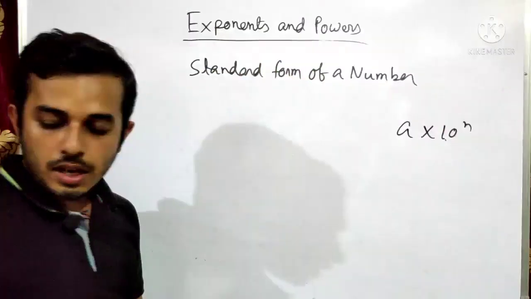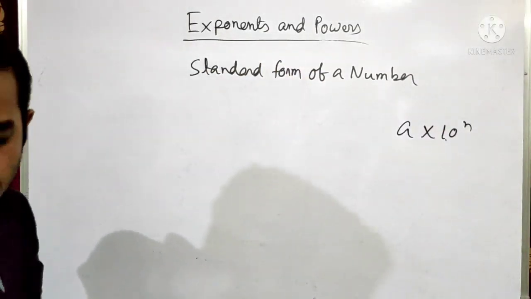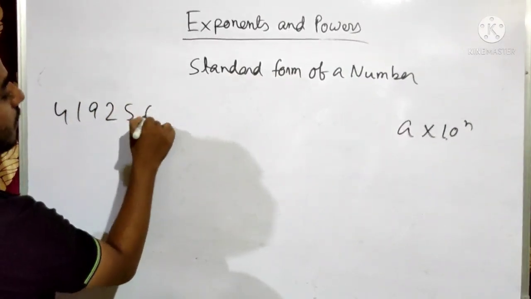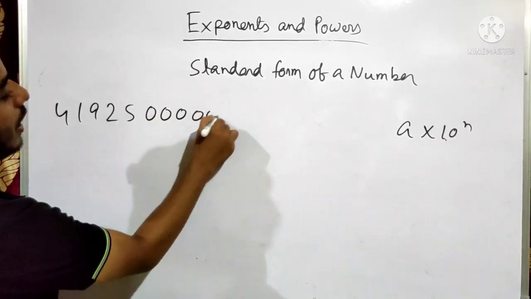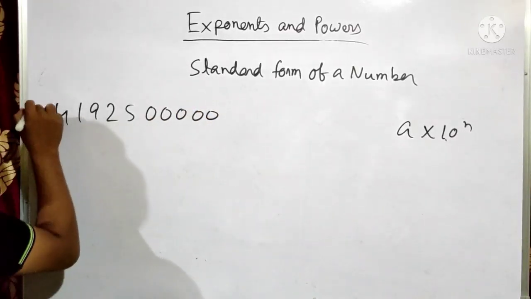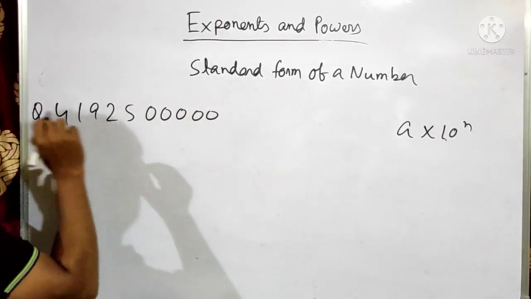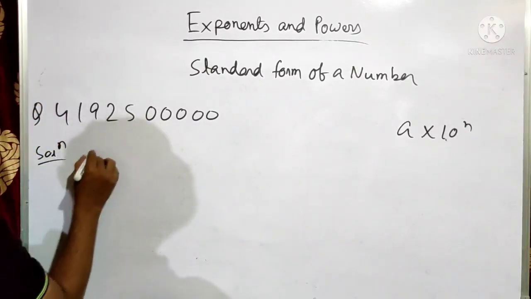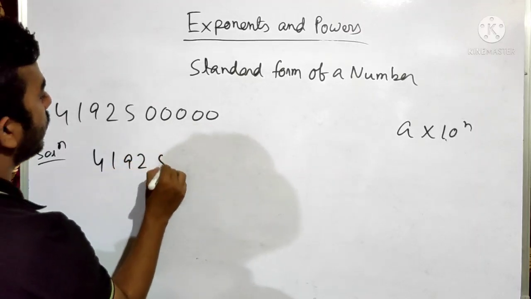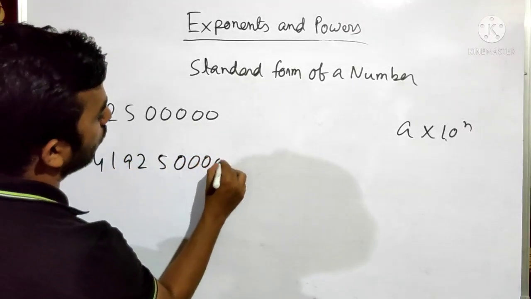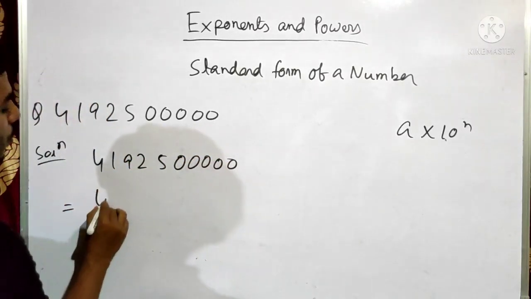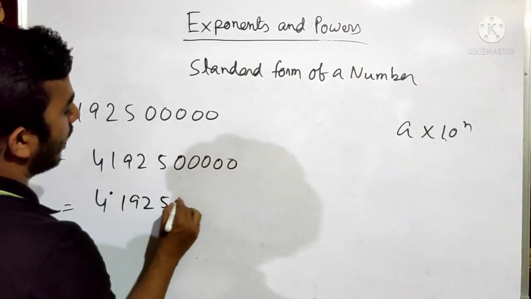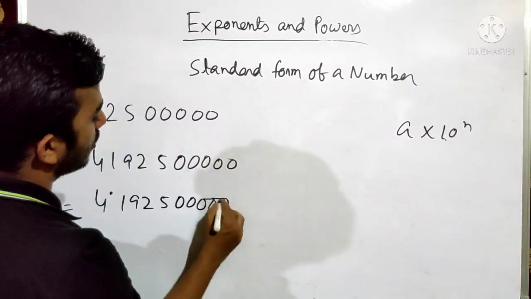Now the next number is 41925 followed by 5 zeros. A long, big number. This is our question: we have to express this number in the standard form. Solution: 41925 and 5 zeros. Put the decimal after the first digit, so it will be 4.1925 and then 5 zeros.